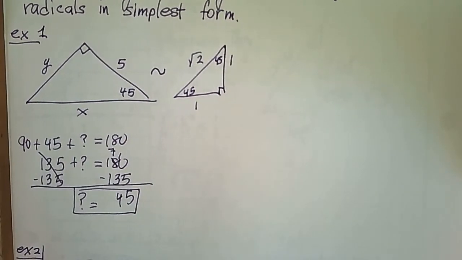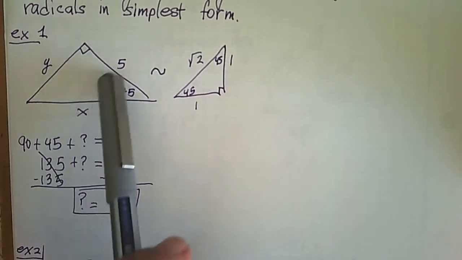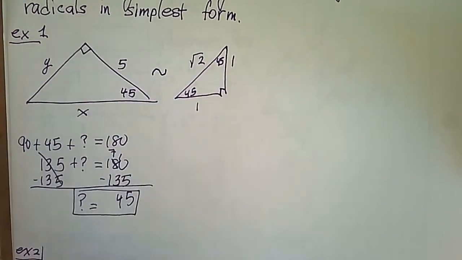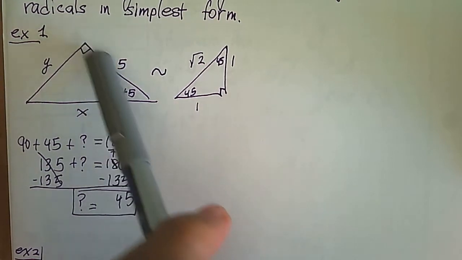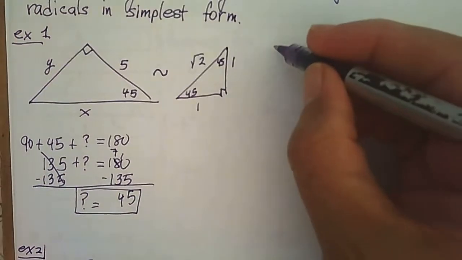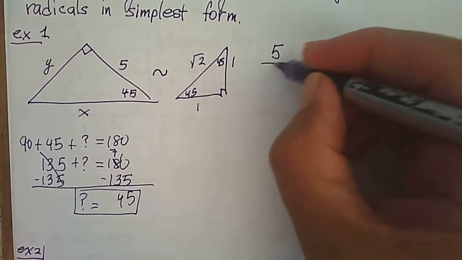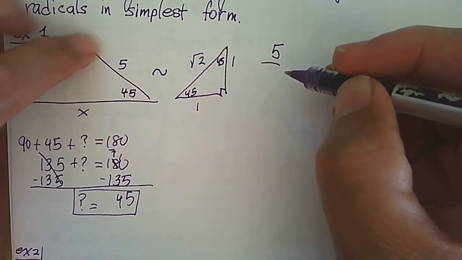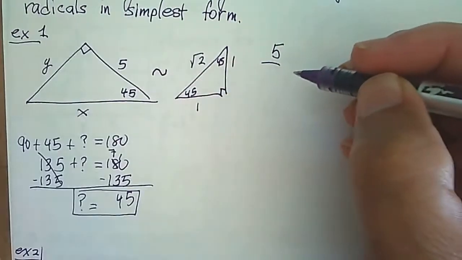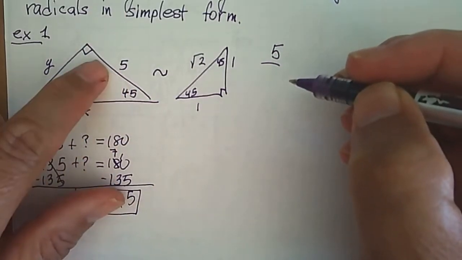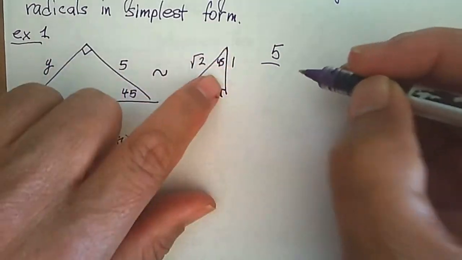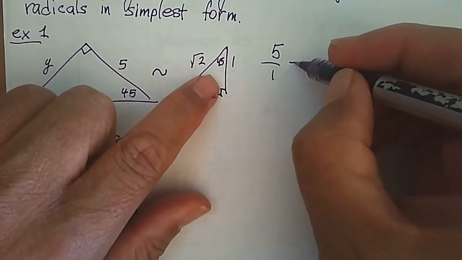So here's the way you do it. Look at the triangle they gave you and pick a side that you know. I know this is 5. So I say 5 from this triangle is to whom over here. Here's how you do it. The 5 is a leg. Give me one leg over here, let's say 1. 5 is to 1.